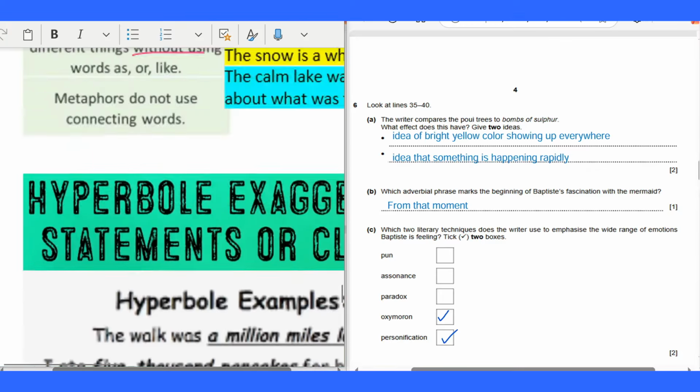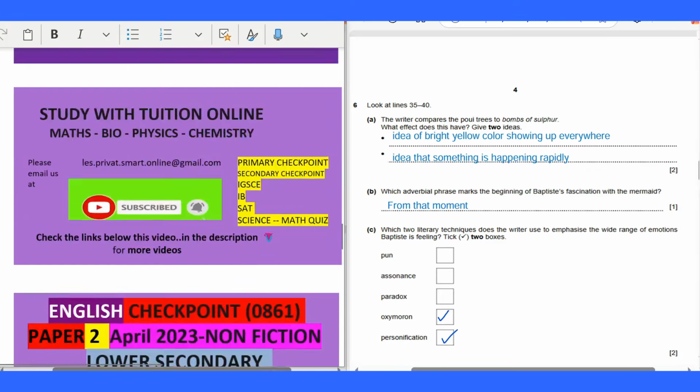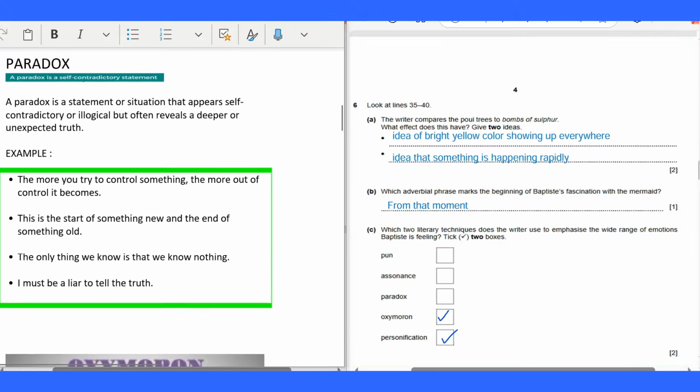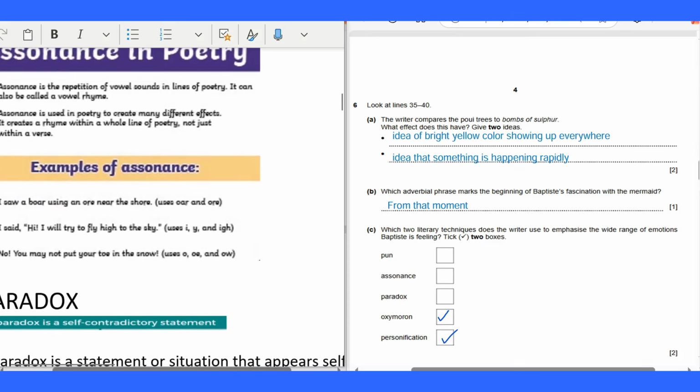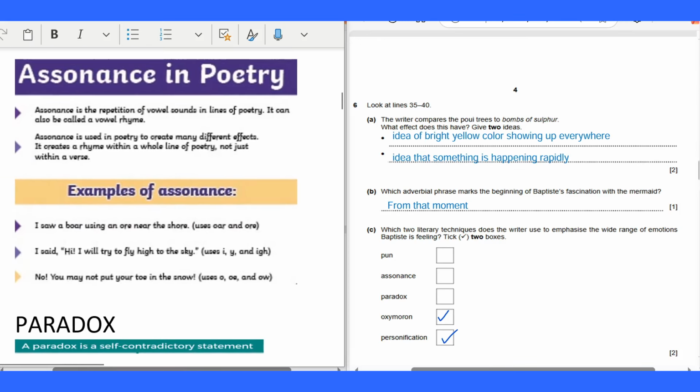Now assonance, we see what is assonance. Assonance is a repetition of vowel sounds in a line of poetry. Example: I saw a boar using an oar near the shore. So using an oar and oar. In here I said, hi, I'll try to fly high to the sky. Uses of I, Y, right?